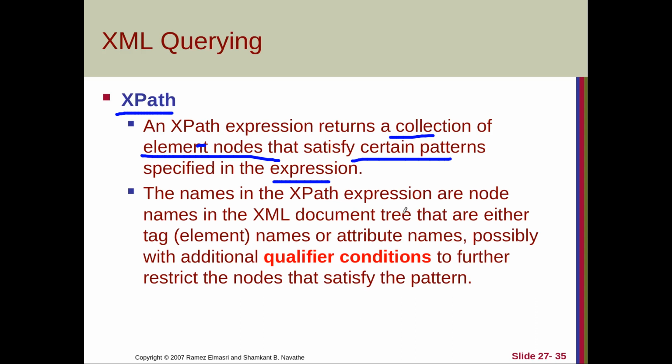The names in the XPath expression are nodes, the node names in the XML document tree that are either a tag element or it can be an attribute names, possibly with some additional qualifier conditions to restrict the nodes that satisfies the pattern. So normally XPath consists of the tag name and the attribute name with certain conditions.